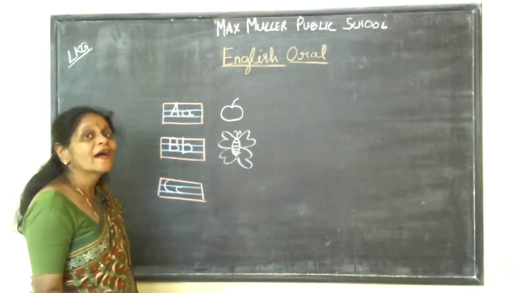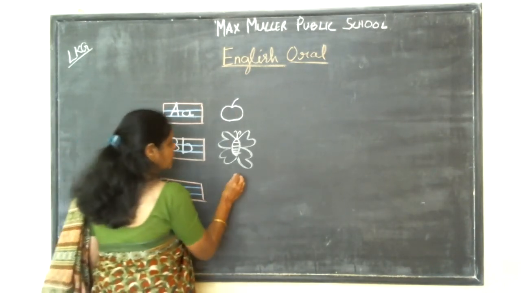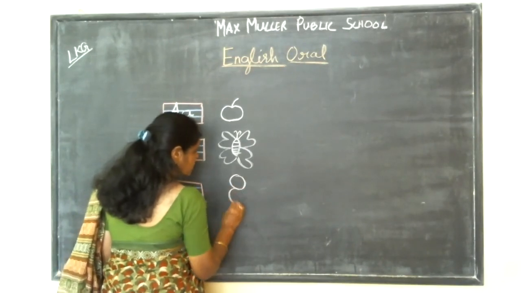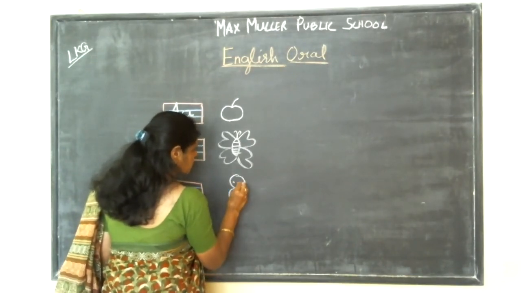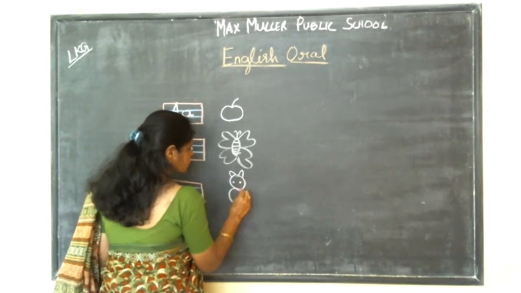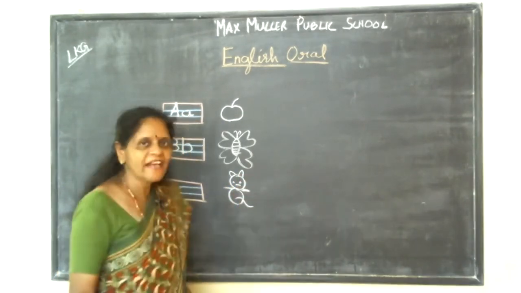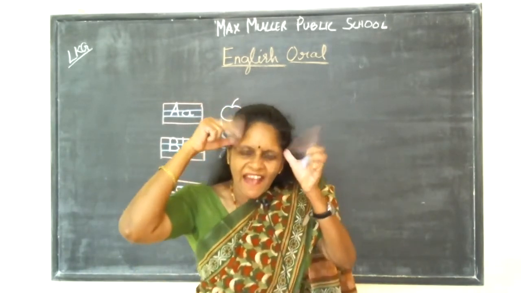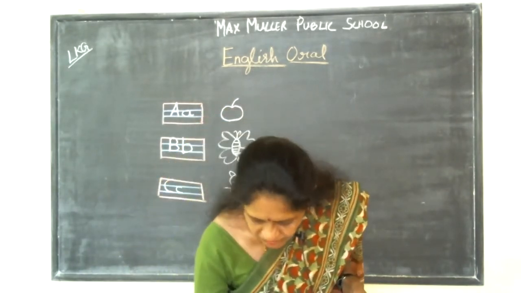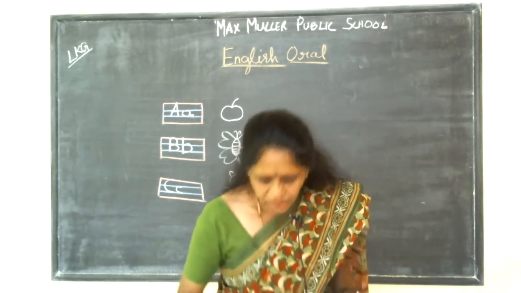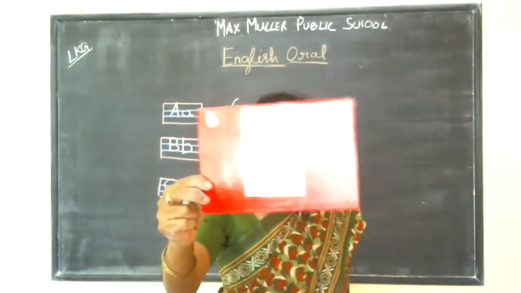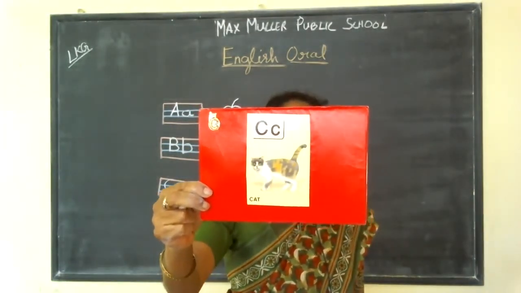C for cat. How do you draw cat? C for cat. Meow. Cat. Meow. C for cat. Can you see this cat? Yes.